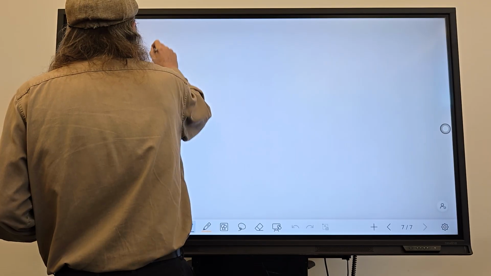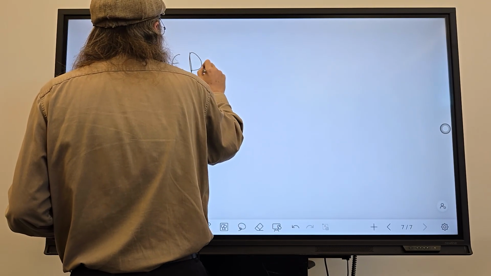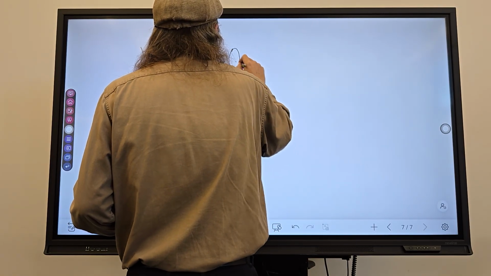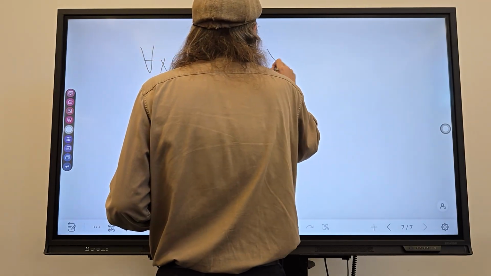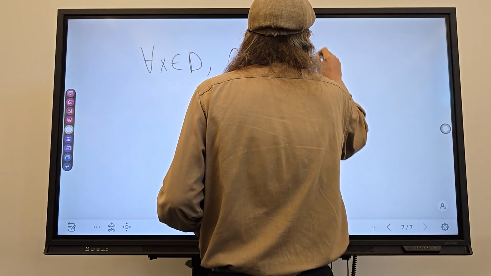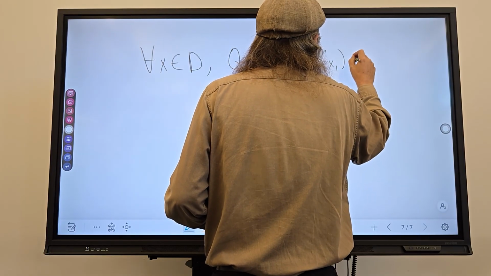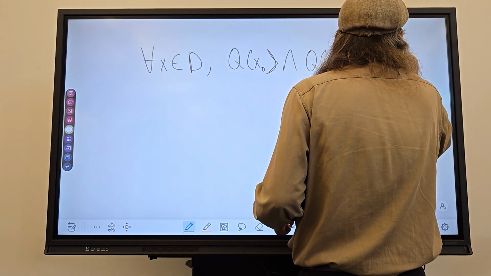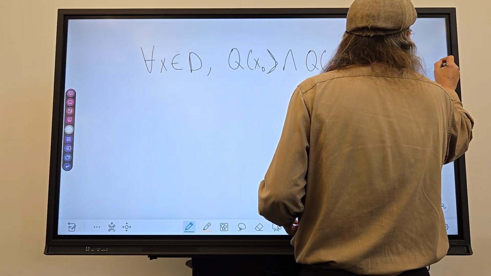So, for all x element of D, Q of x is the same as Q of x0 and Q of x1 and Q of x2 and so on and so forth.